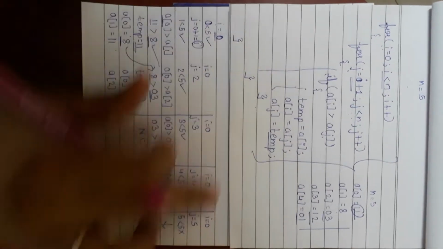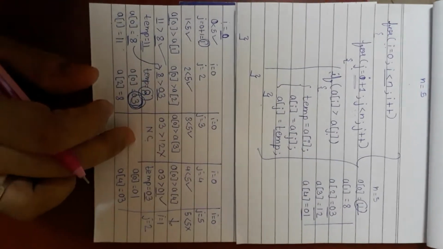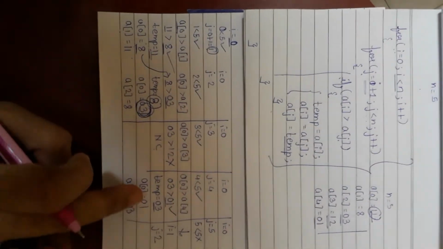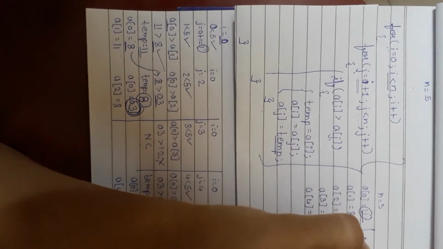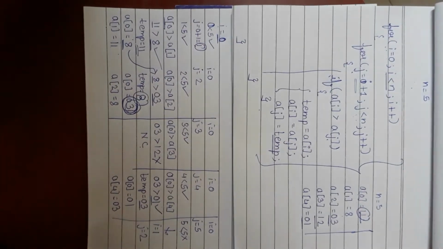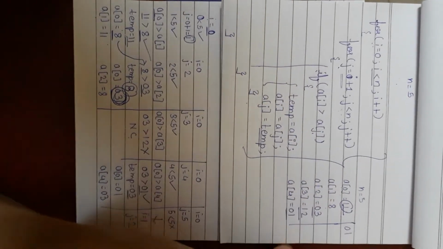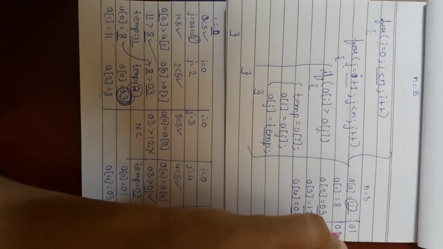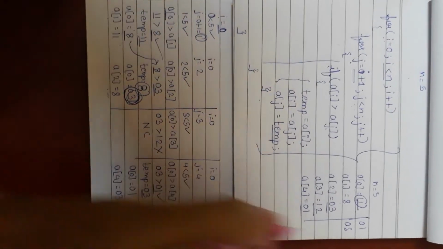If you notice this particular execution, the new array which we got after the first iteration is: a of 0 at the end now has the value 01. Then a of 1 will have 11 as a value.